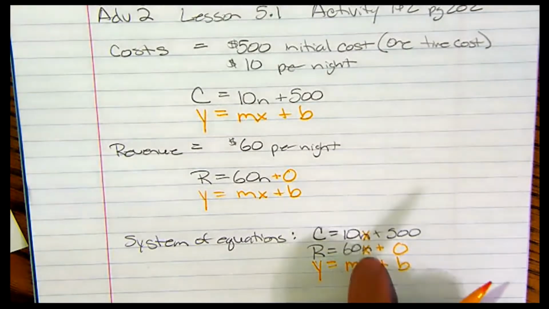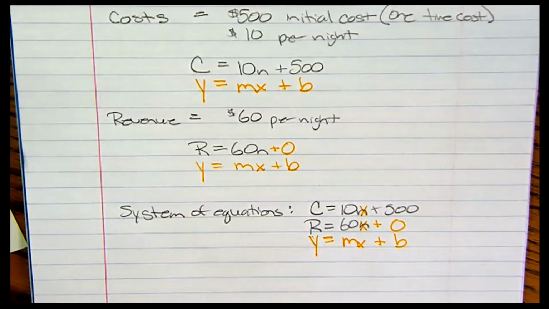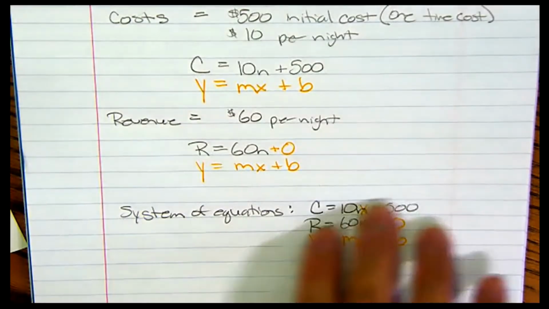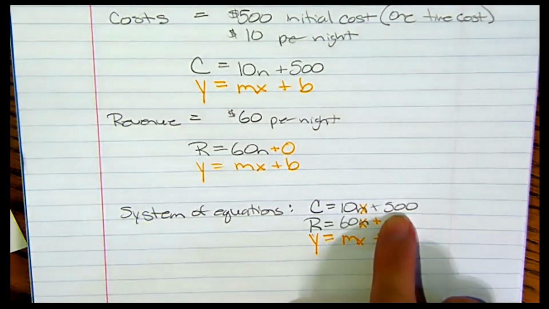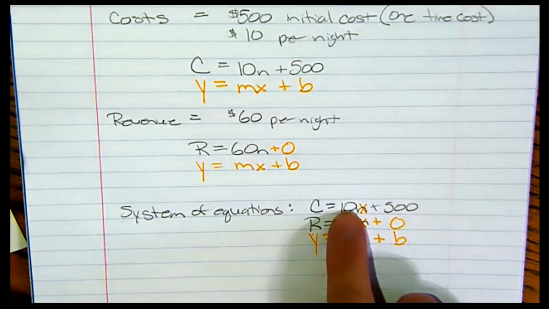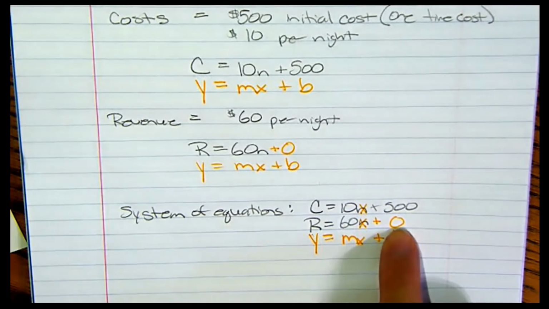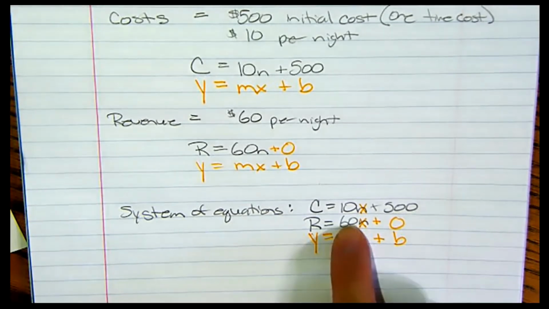So when I look at these equations, to solve this system of equations by graphing is going to be a nightmare because my y-intercept is 500, and then I'm going up 10 and over 1. And then here my y-intercept is 0, and I'm going up 60 and over 1.